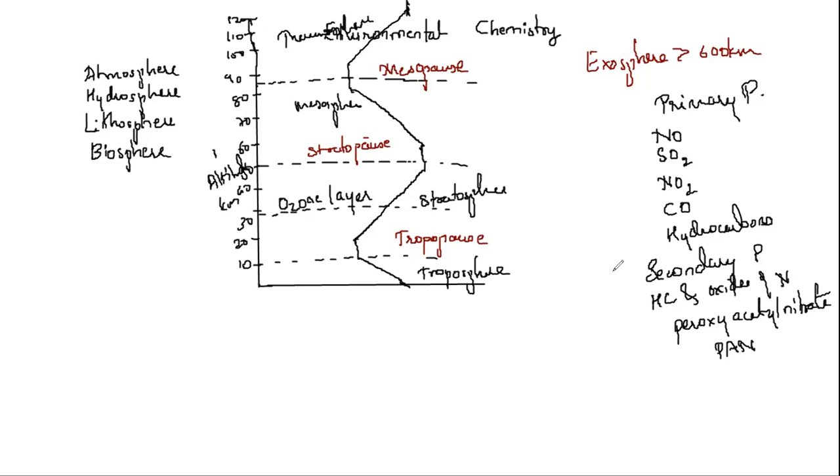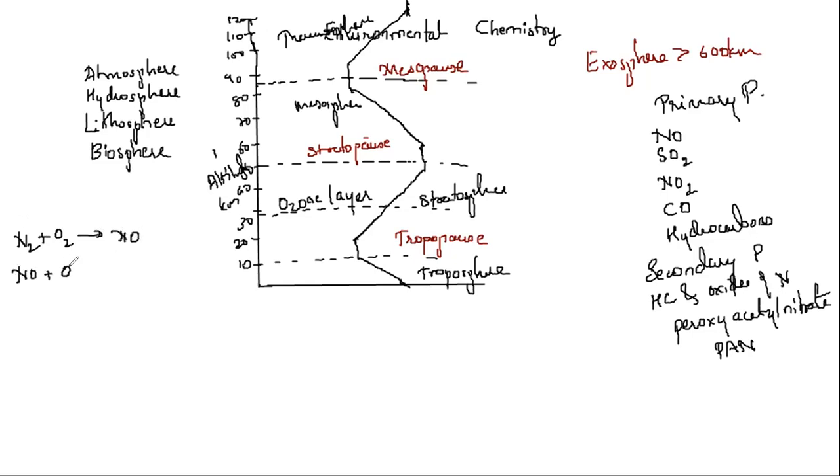Atmospheric pollution. In the troposphere, oxides of nitrogen and oxides of sulfur are causing pollution. Nitrogen and oxygen combine at certain temperatures to form nitric oxide.